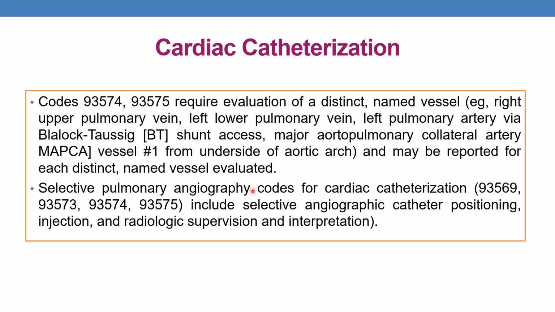Each pulmonary angiography code for cardiac catheterization includes selective angiographic catheter positioning, injection, and radiological supervision and interpretation. These codes, 93569, 573, 574 and 575, include all these services.